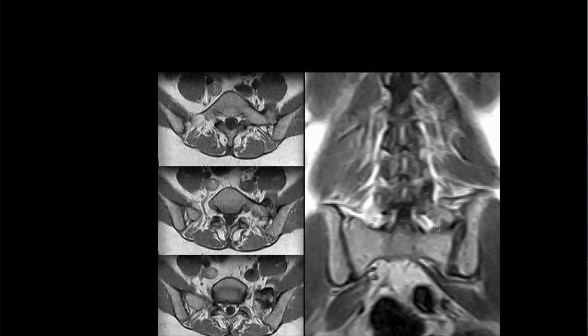Yeah, like left hemisacralization. Right. This produces a syndrome that we're going to talk about in more detail later.